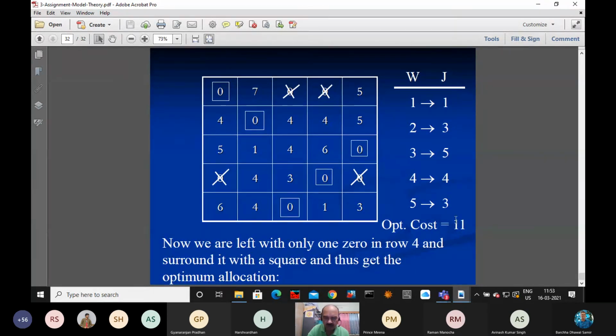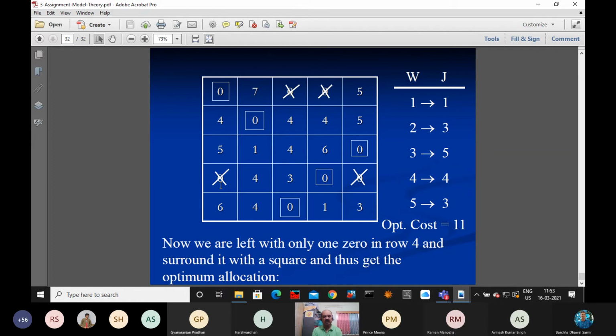Now, in this problem, what we have taken here, either this and this we can take, this and this, or this and this. Okay, so if you consider in this manner, there will be 2 optimal solutions.